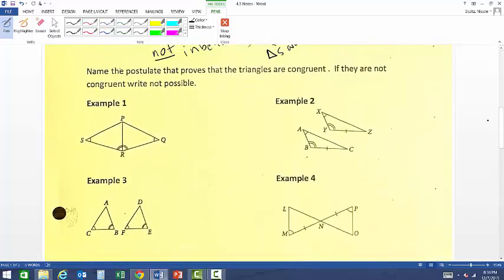In our first example, right away you should be marking PR as it is a shared side. And I'm looking at my rainbows in both triangles. I see an angle marking, and a side mark that is not in between the angles. So this one would actually be angle, angle, side.